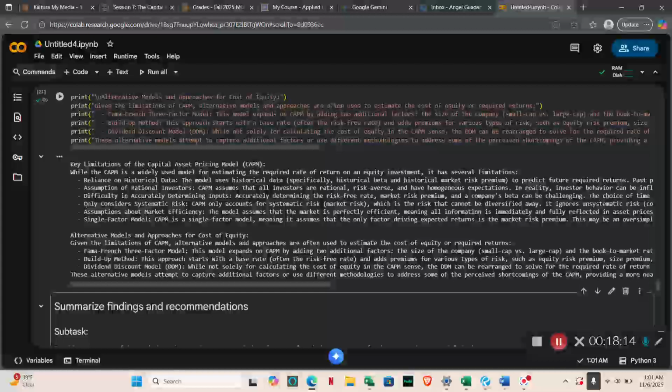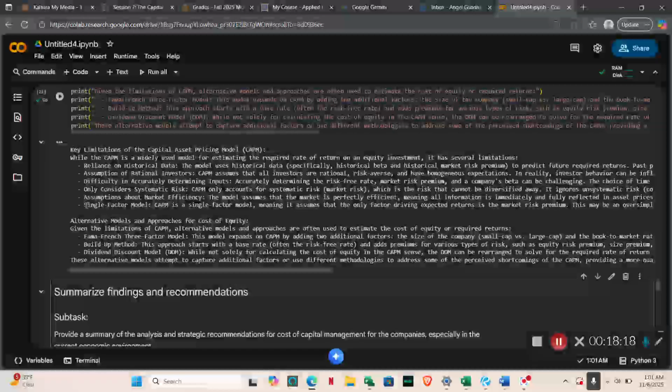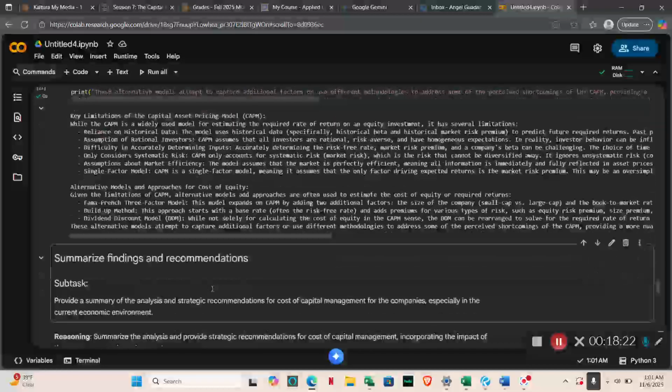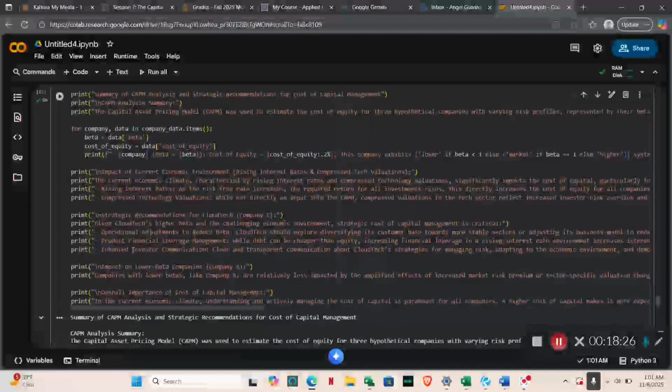Alternative models and approaches for cost of equity, given the limitations of CAPM, are the Fama-French three-factor model, the build-up method, and dividend discount models.